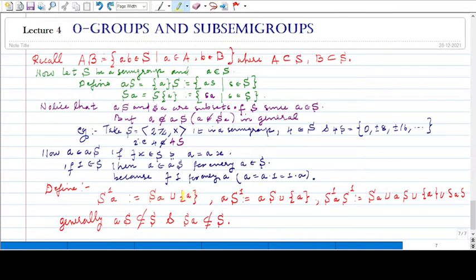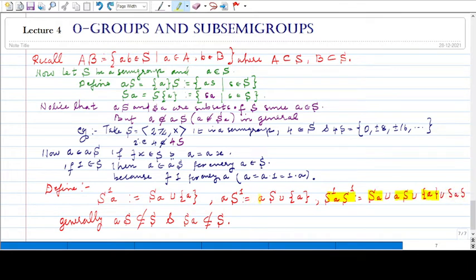We have seen that in general, a does not belong to AS or SA, so we define it in a different manner. S1A is equal to SA union the singleton set {a}. Likewise, AS1 is equal to AS union the singleton set {a}, and S1AS1 is defined as SA union AS union the singleton set {a} union SAS.